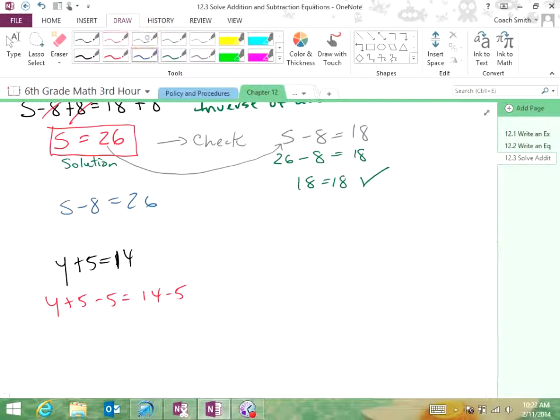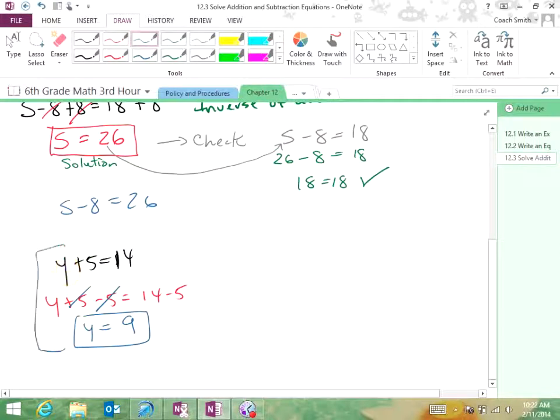These two cancel. I want you to show me canceling out, and that's how you show me. That gives me y equals 9, and that's your answer. This is what you have to show me: original problem, work, solution.